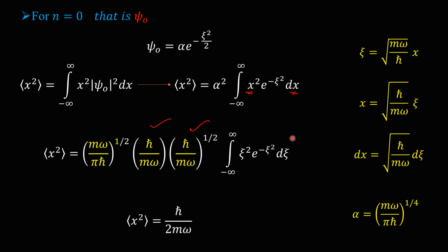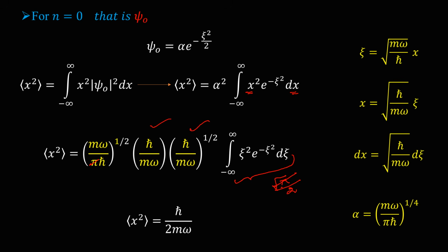Now what is the value of this integral? This is a Gaussian integral, and its value is square root of pi over 2. Now you can cancel some terms. The square root of pi cancels with the square root of pi.